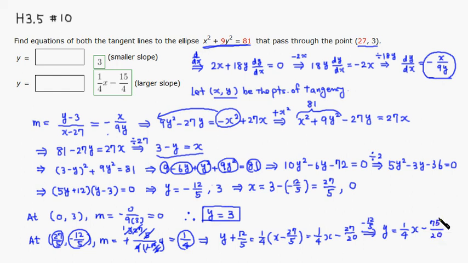But you can divide by 5. If you divide by 5, you get 15 on top, and that's going to be 4. So you can see that the equations are going to be y equals 3 is one of them, and the second one is 1/4 x minus 15 over 4.